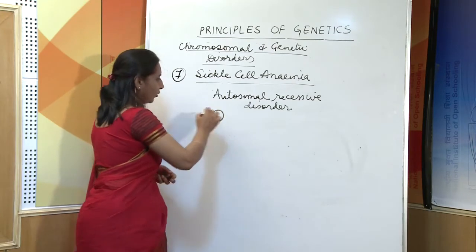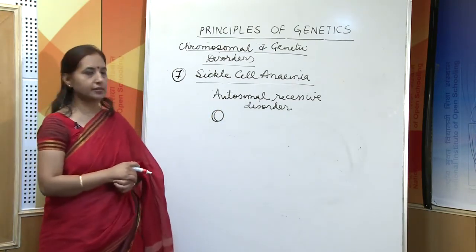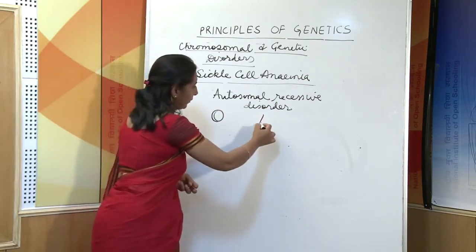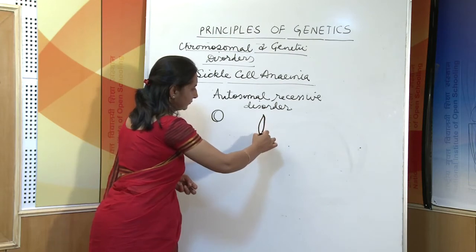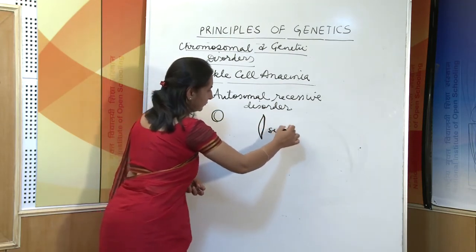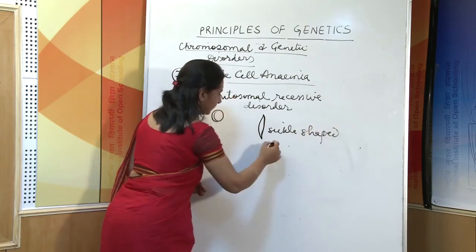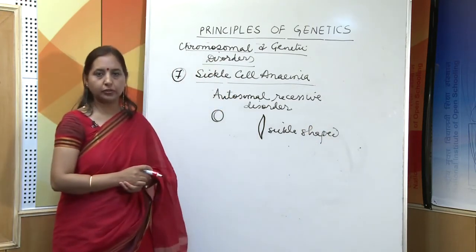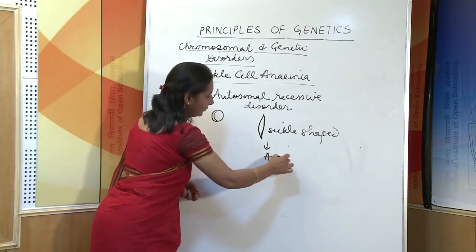The shape of the normal RBCs is biconcave. Due to the defective gene present, the shape of the RBCs becomes sickle shaped. As a result, they are destroyed due to low oxygen tension, and the person suffers from anemia.